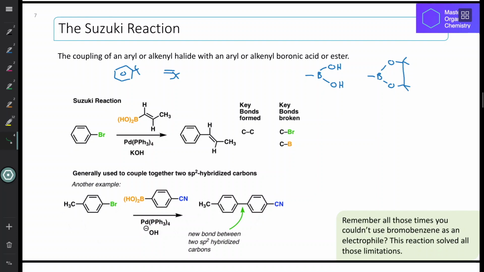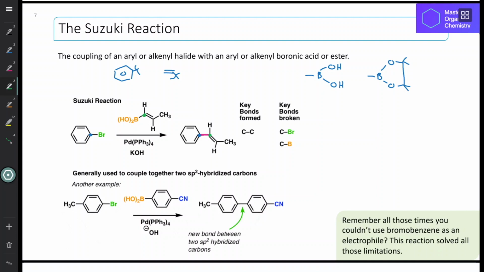So you combine 1 halide and 1 boronic acid. You need a palladium catalyst, and you need a base, and then you just form a straight CC bond. So here is that new carbon bond that was formed between that carbon and that carbon right there, and nothing else changes in the molecule.